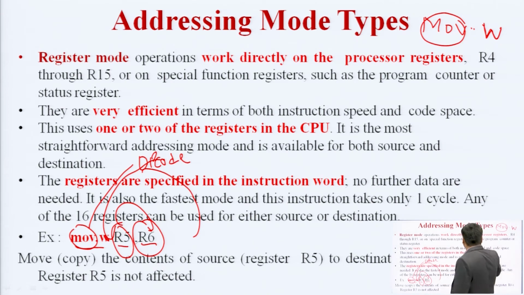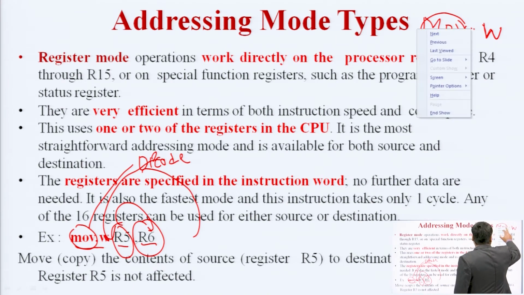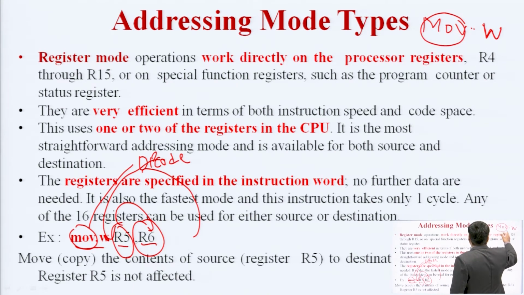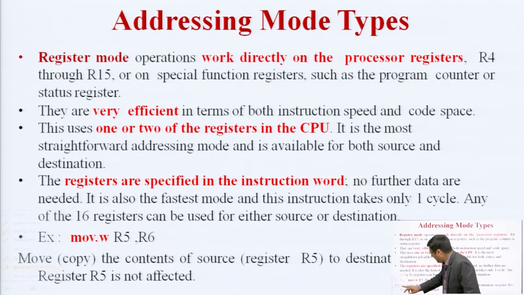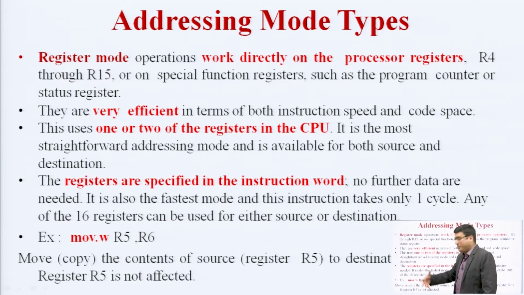So MOV.W means the opcode tells the microcontroller to move the data from one register to another register. Or simply we can say that through this instruction we move, load or copy the contents of source register R5 into R6. Both R5 and R6 are 16 bits.